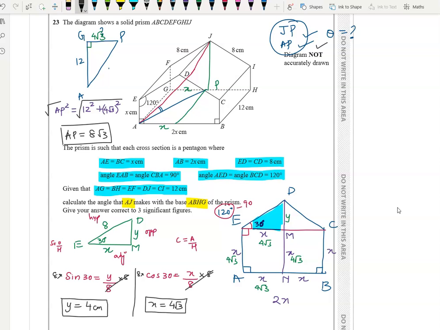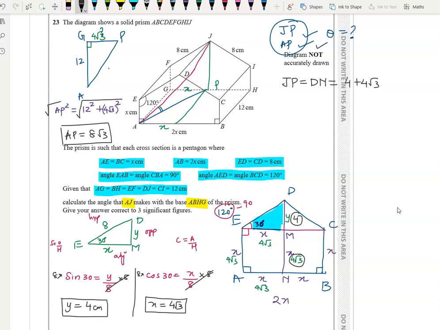How about JP? Now JP and DN will be same. So JP will be equal to DN. DN is the total length, that is y plus x. Value of y is 4 and value of x is 4 root 3. So full side DN will be 4 plus 4 root 3. Okay.